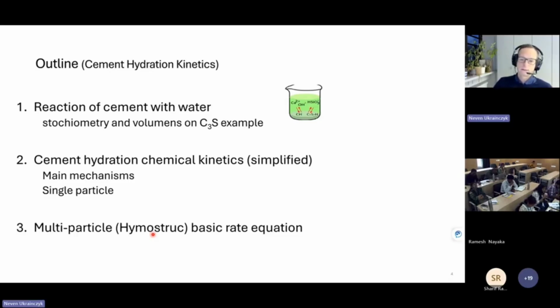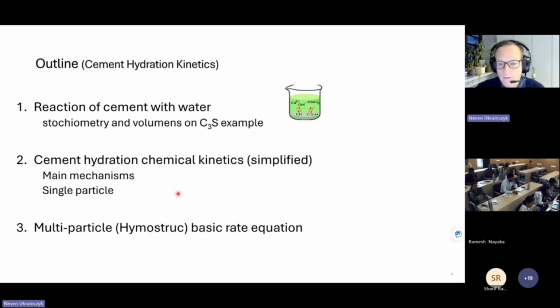But later, 10 years later, we have the full power of the computational power, so we could really computationally simulate each single particle in a 3D system, like a virtual growth of the particles. So this is what Professor Koenders did, and I also then extended it for the pozzolanic reactions, and I did diffusion models through such virtual microstructures.